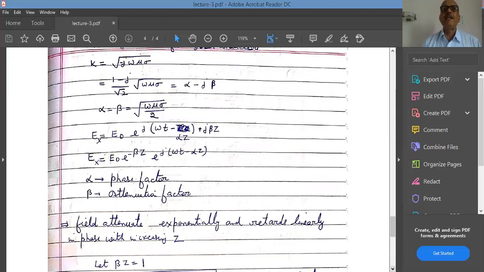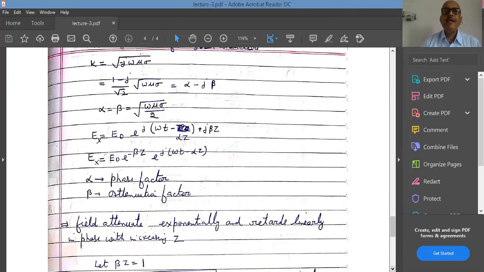As the value of z increases, because of e to the power minus beta z, the amplitude of the wave decreases exponentially, while in e to the power of j (omega t minus alpha z), since z is increasing, it retards linearly in phase with increasing z.